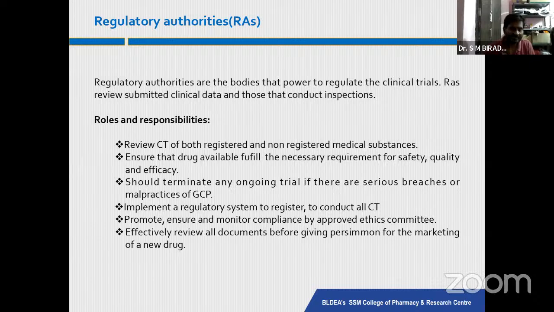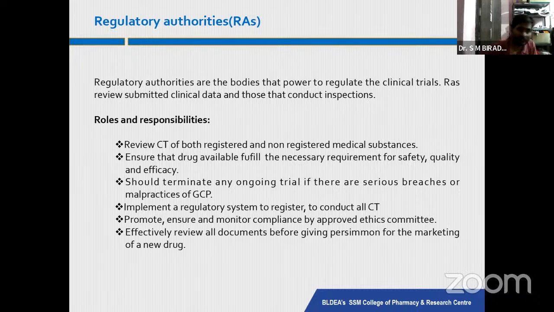It might be the IEC, IAEC, that is ethical committees, or review boards, or sometimes state and national bodies like CDSCO, which have the right to cancel all your trials or allow them to continue. These are groups of expert people, and they are called regulatory authorities. These regulatory authorities and review boards see the results of your trials and take the further steps.